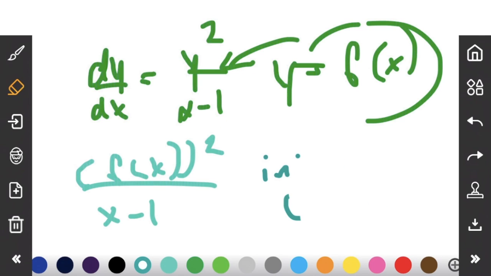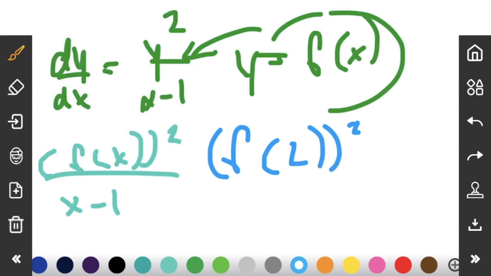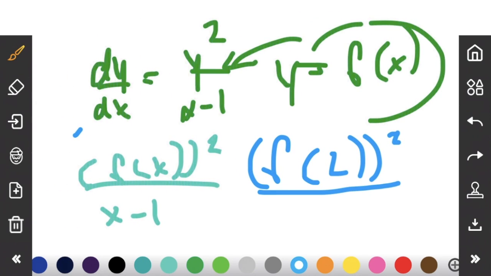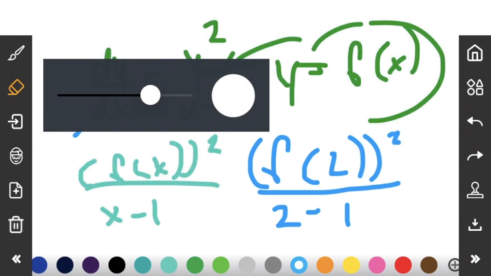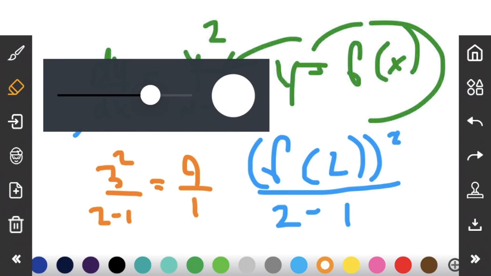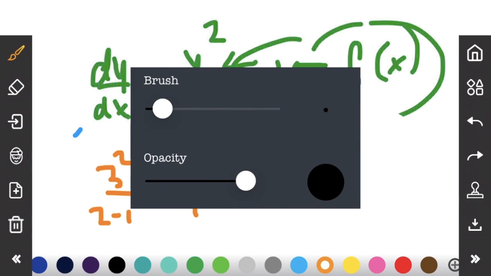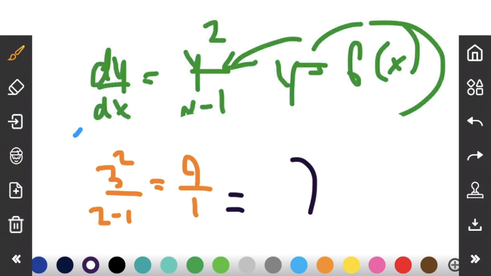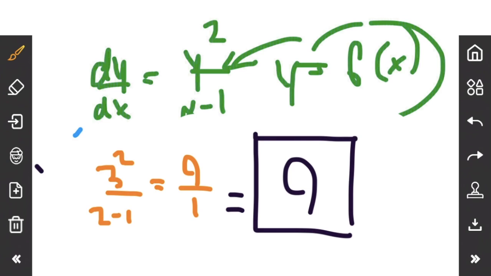Now you just substitute right there: f of 2, because that's what they gave you, over 2 minus 1, and they said that f of 2 equals 3, so now you can put 3 squared over 2 minus 1, which equals 9 over 1, which equals 9. So that's your slope of the tangent line.